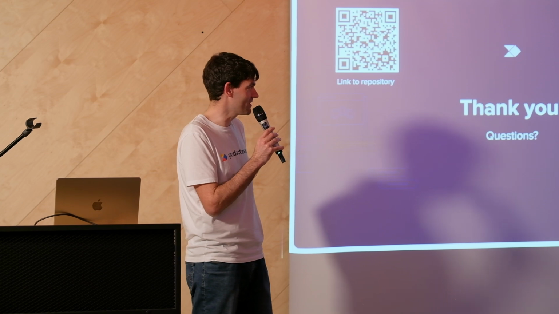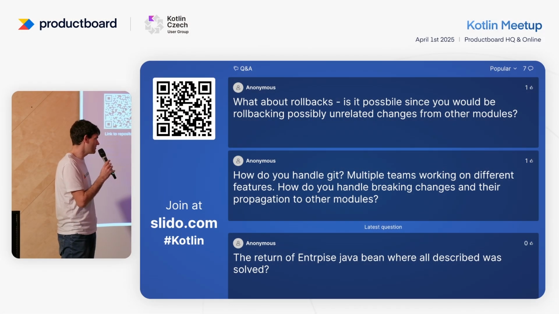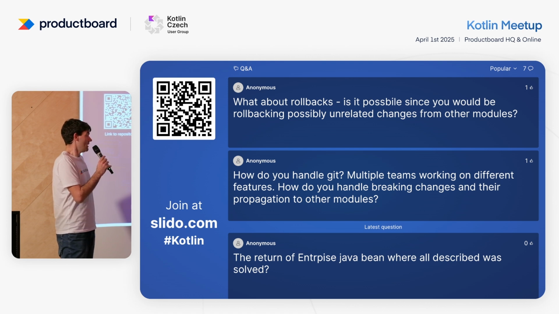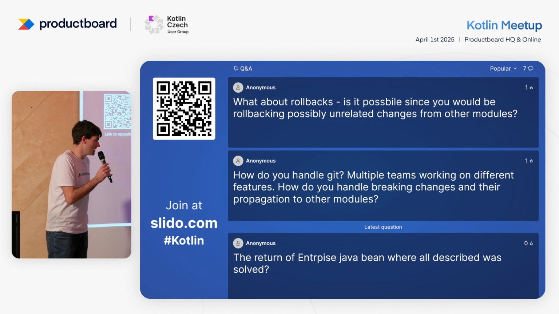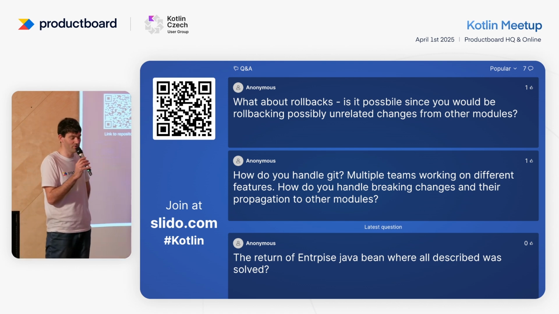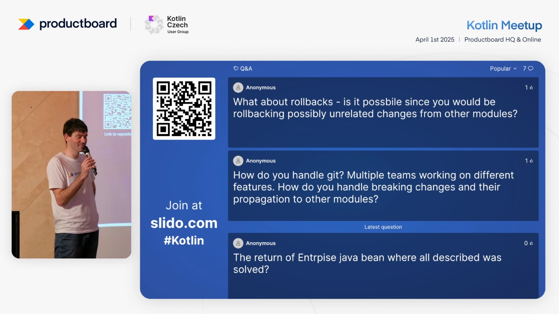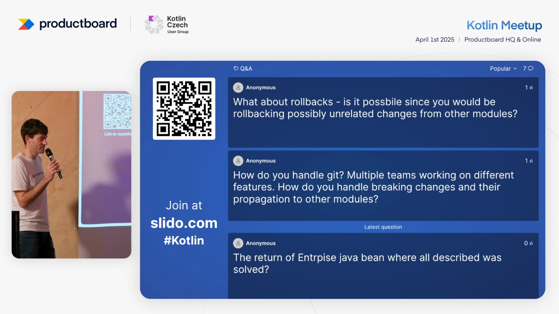I can't recall now. What about rollbacks? Is it possible, since you would be rolling back possibly unrelated changes from other modules? That's a good question. Ideally, you should find your issue before another deployment happens. If not, then it depends on the context, of course.